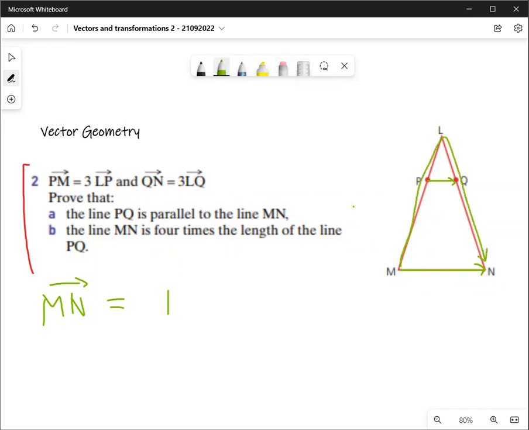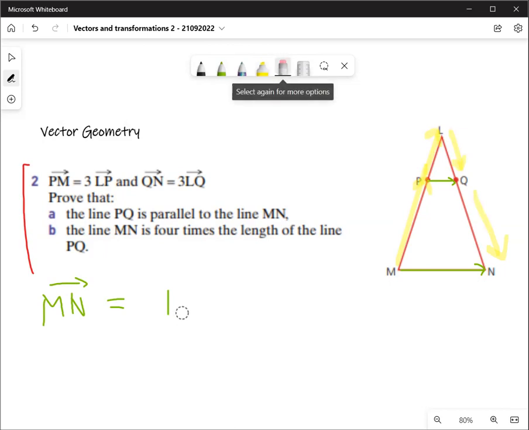So how do I reach N from M? What other way is there? I'll go top like this first, and then again top, then downwards, then downwards.